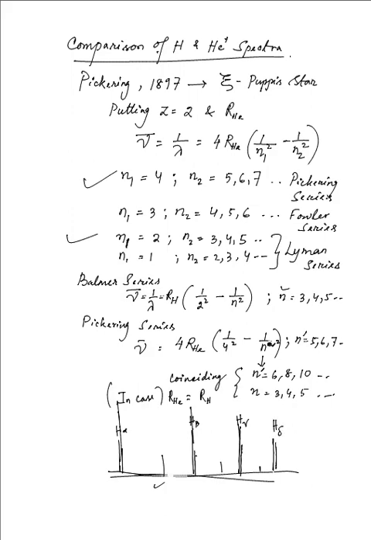Now, likewise, these two lines, the difference that you see over here, shouldn't have been there. They must have coincided, but that's not the case, because the small displacement occurs because there is a small difference in the values of RH and RHe, which is again taking us back to the finite mass consideration of the nucleus.